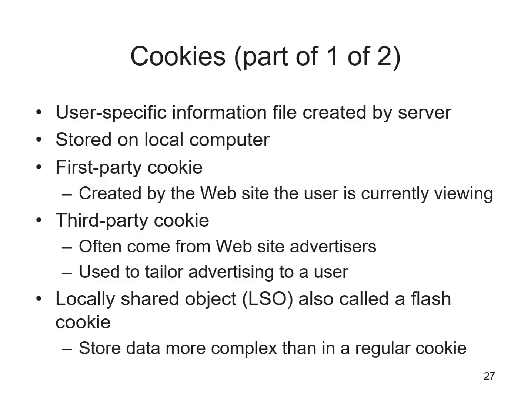By default, the locally shared objects, or LSOs, can store up to 100 kilobytes of data from a website, which is about 25 times more than a regular cookie that we are maintaining on the computer.